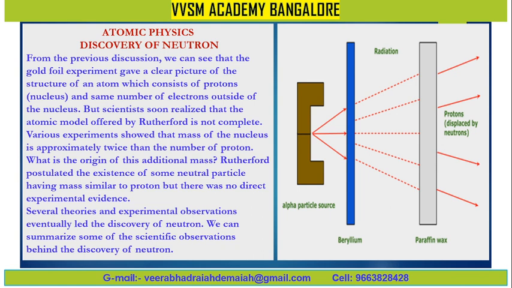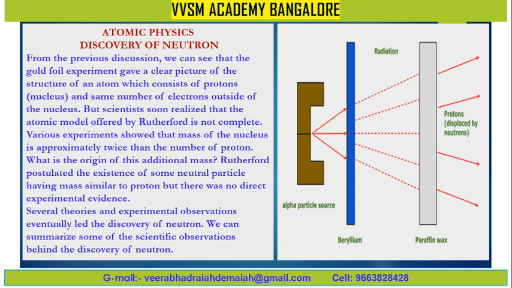From the previous discussion, we can see that the gold foil experiment gave a clear picture of the structural pattern, which consists of protons, that is the nucleus, and the same number of electrons outside the nucleus. But scientists soon realized that the atomic model offered by Rutherford is not complete. Various experiments showed that the mass of the nucleus is approximately twice the mass of the protons.